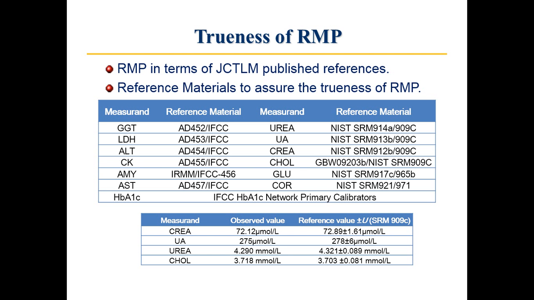We set up the reference measurement procedure according to the JCTLM published references. We use reference material to assure the trueness of reference measurement procedure, such as CRM from IRMM, NIST, and GBW, etc. The table above lists part of the reference material, and the one below gives an example of NIST SRM 909C with its value and uncertainty.